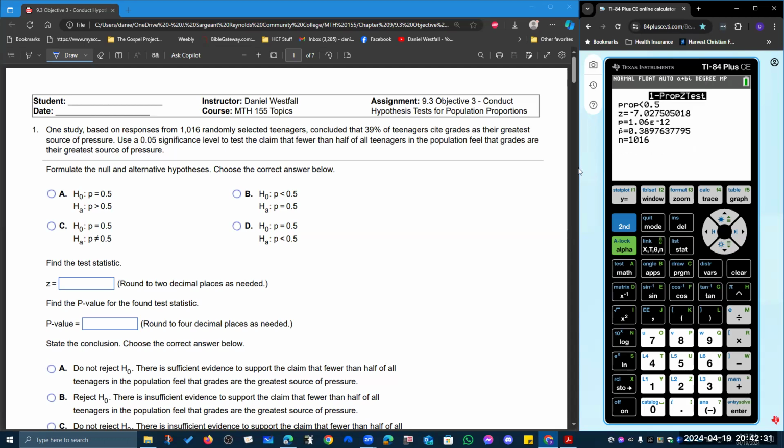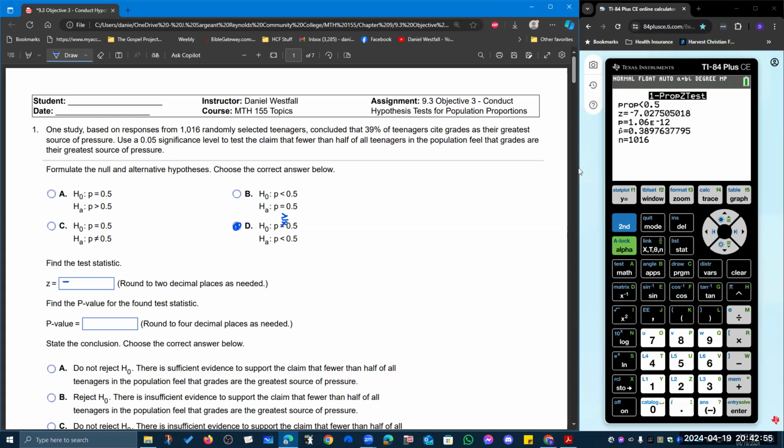So there's where we get our 39% when we rounded this to 2 decimal places. Our H naught was, HA was less than 5%. Again, I would love for this to have been greater than or equal to be the logical opposite of that.